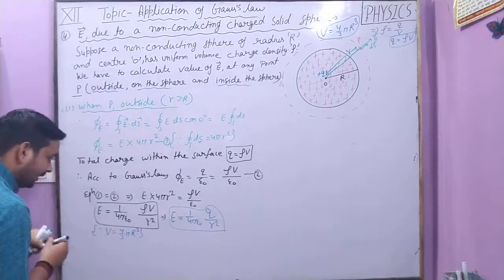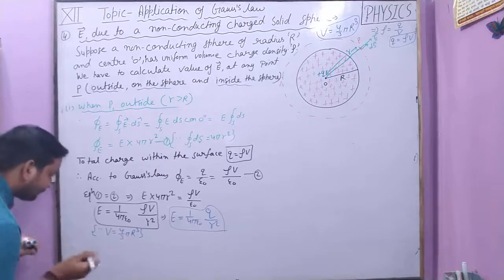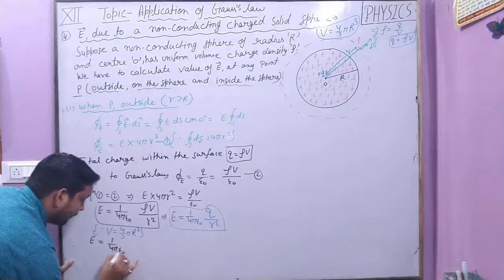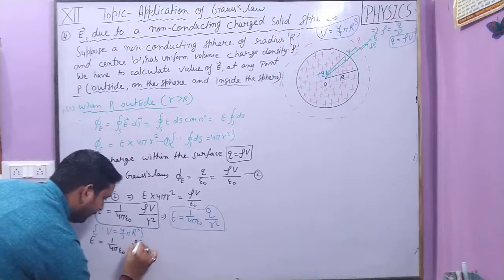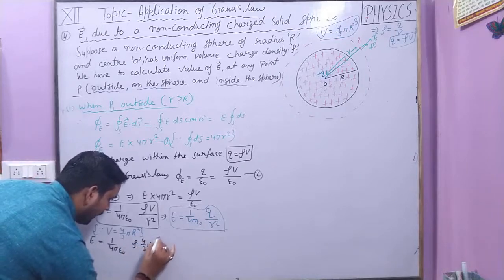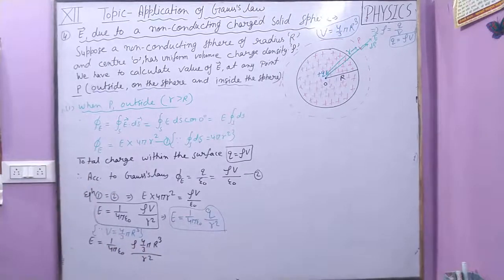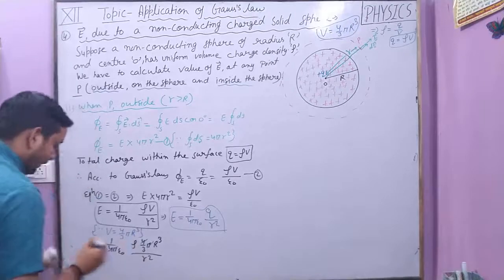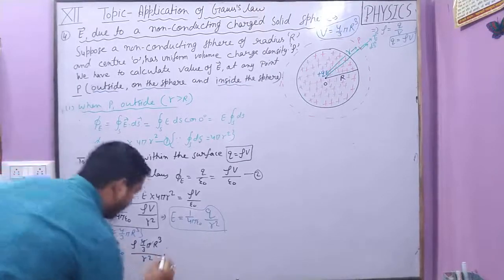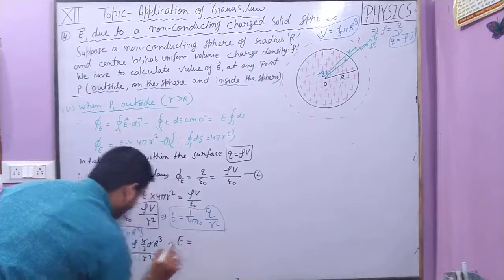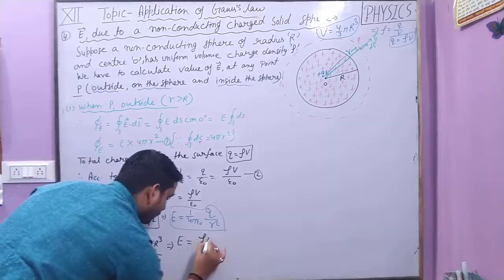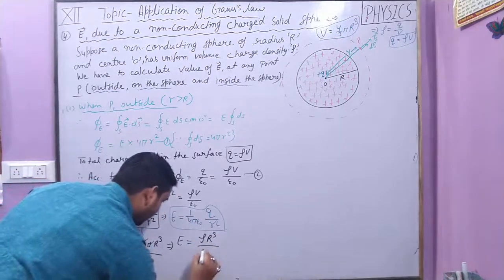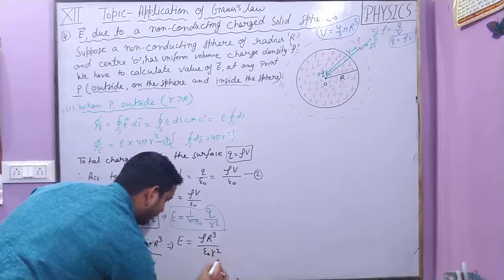Now by using this result here, we get this electric field is equal to 1 upon 4 pi epsilon naught rho, and we have 4 by 3 pi r cube upon r square. Now here you can easily observe that the 4 pi is cancelled, and the final result for this case is E is equal to rho r cube upon epsilon naught small r square.